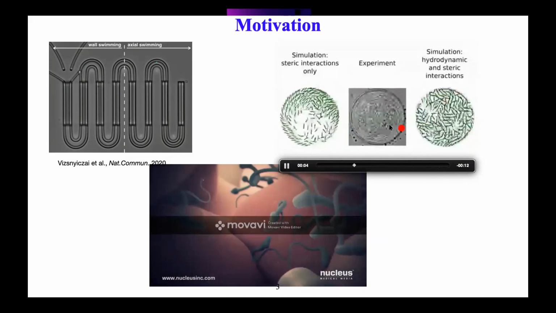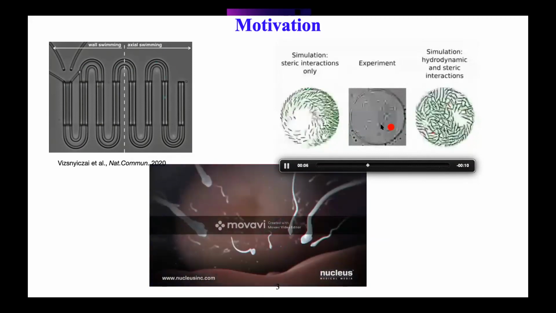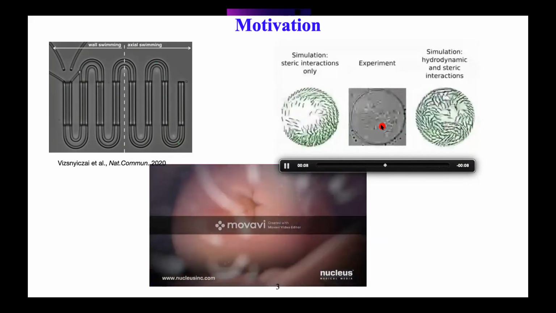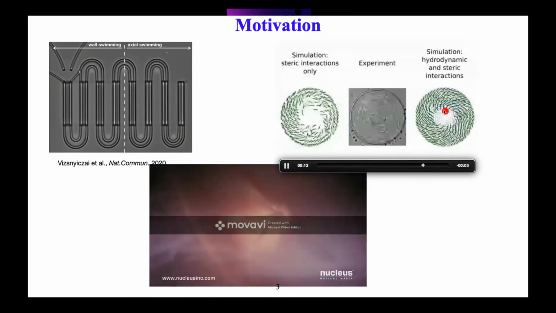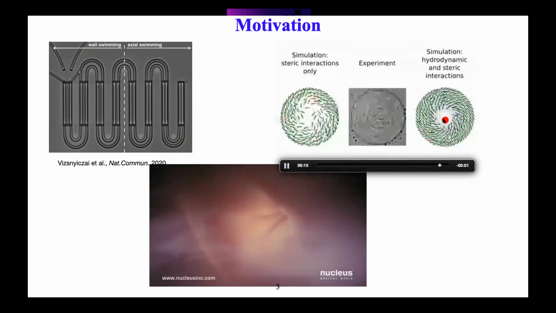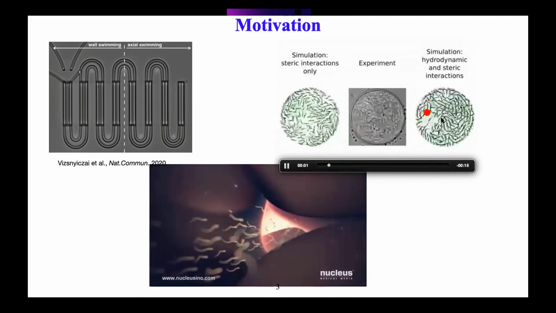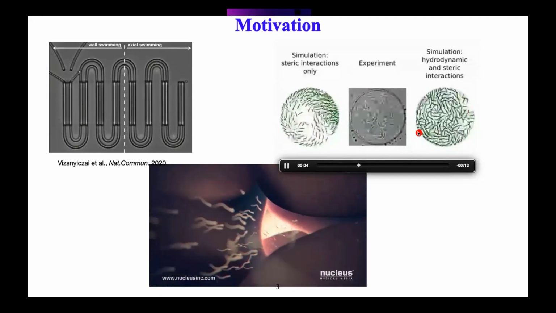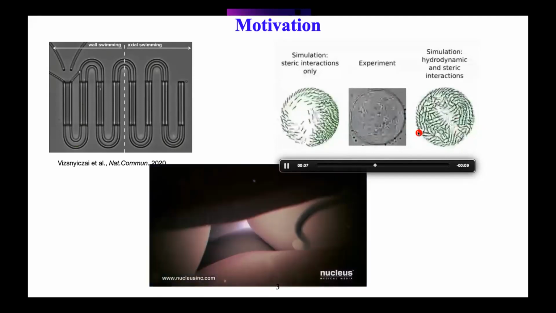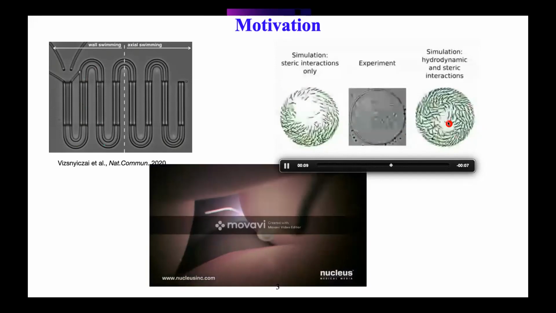And in this experimental study, when they tried to reproduce this experimental result using simulation, they had to consider this hydrodynamic interaction between the bacteria to exactly reproduce the result. So this also shows the importance of understanding the hydrodynamic interaction between the microswimmers in such situations.